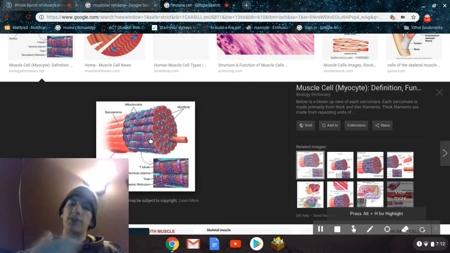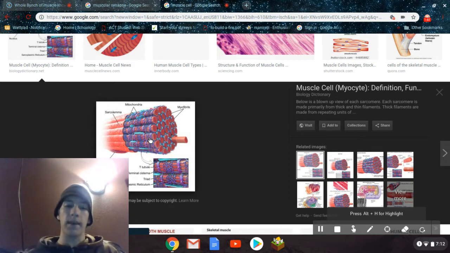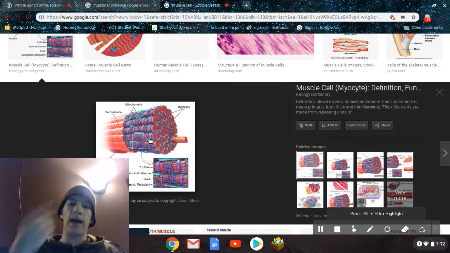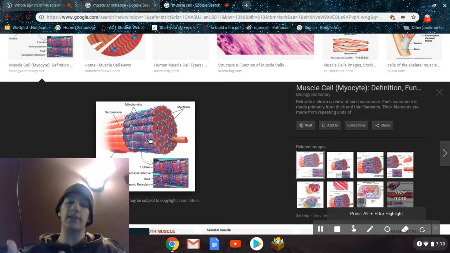I mentioned a bag called the sarcoplasmic reticulum. Remember, sarco is flesh, or in this case, muscle. Plasm is, well, plasma. It's the jelly in cells. And reticulum means it retains something. It's holding something. So in this case, it's holding calcium.